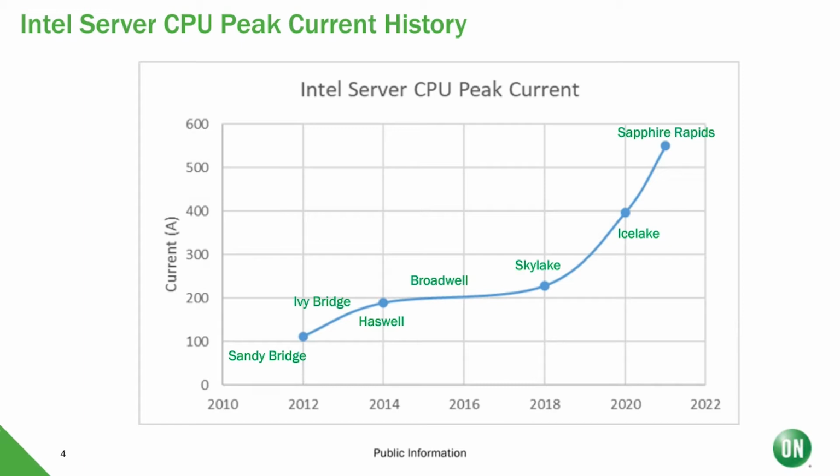Ice Lake almost doubled that to about 400, and Sapphire Rapids, which is where we are right now, is peaking at about 550. So part of this exponential growth is also Intel's response to competition from AMD, who is aiming to have a bigger pie in the server CPU market.